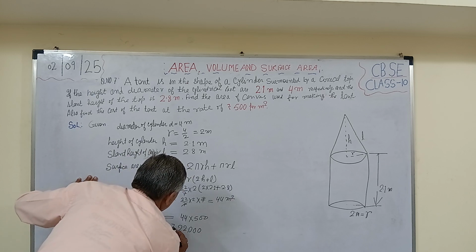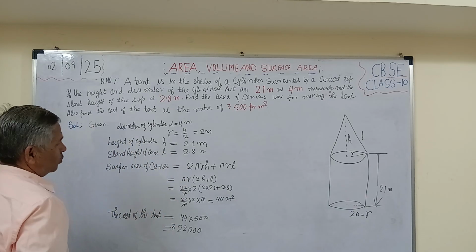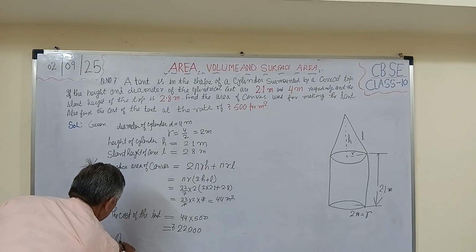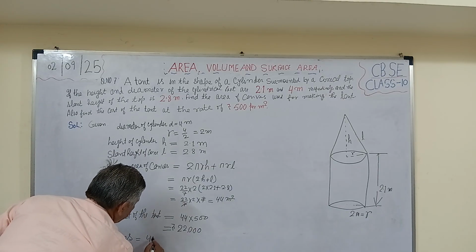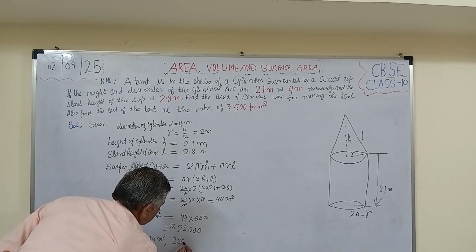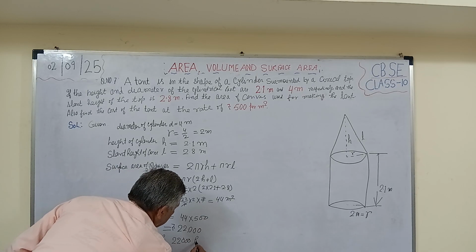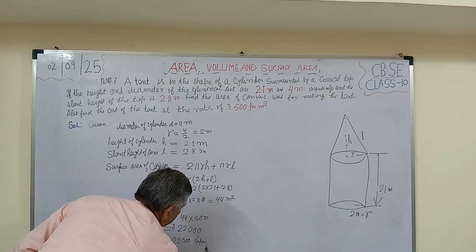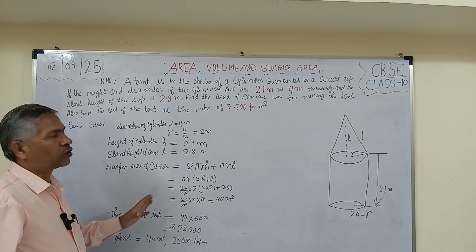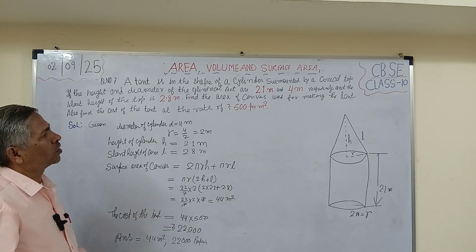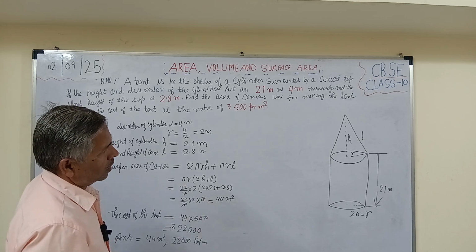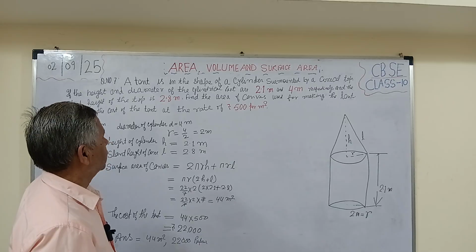So our answer is 44 meter square and 22,000 rupees is the cost. So in this way, this question can be solved, where he has asked for two things: area of the canvas and cost of the tent.